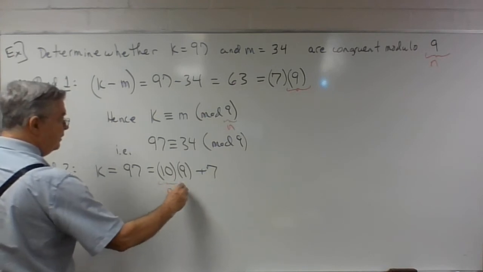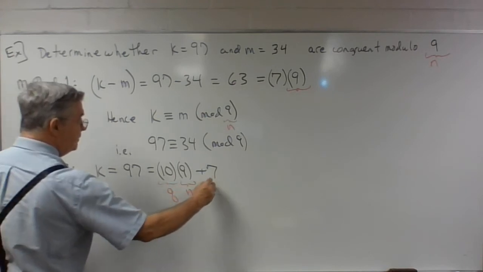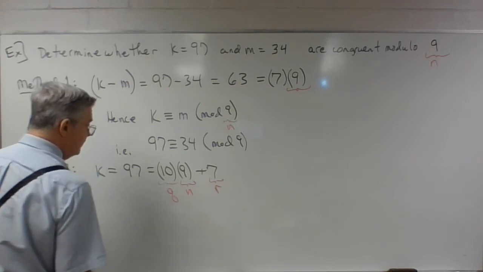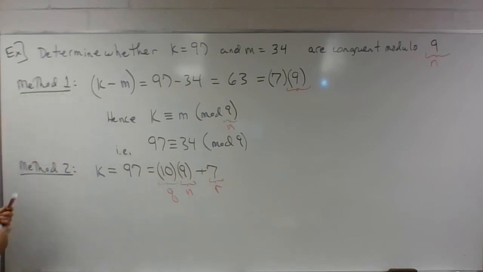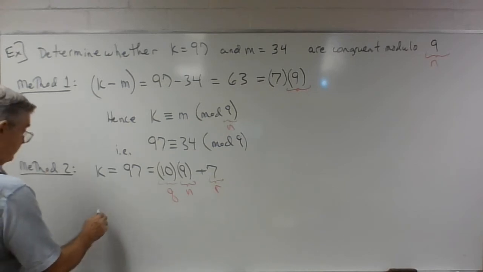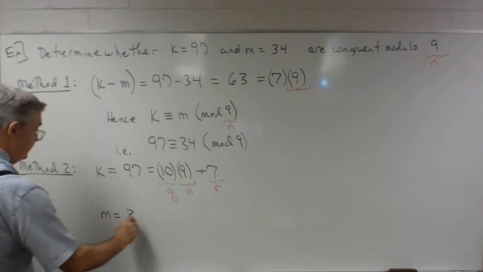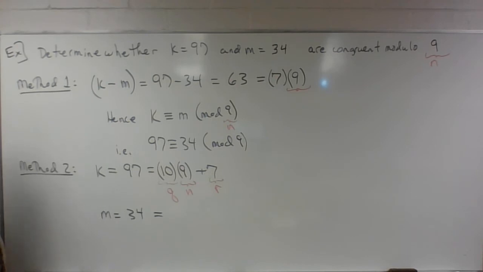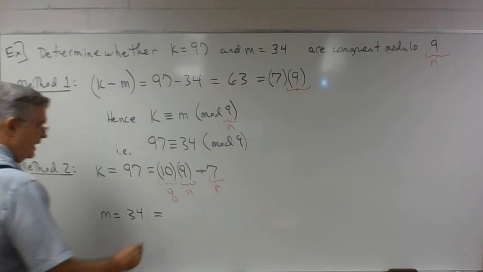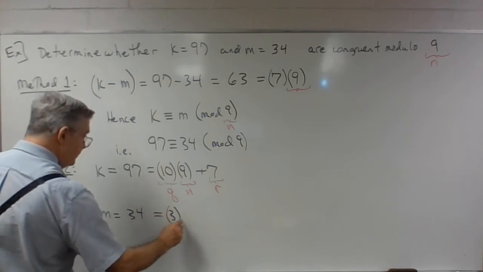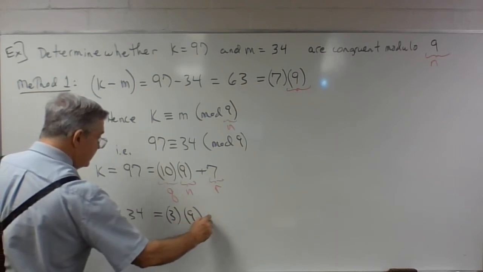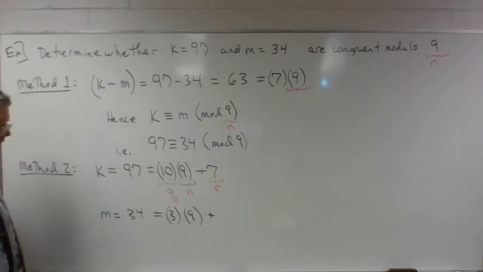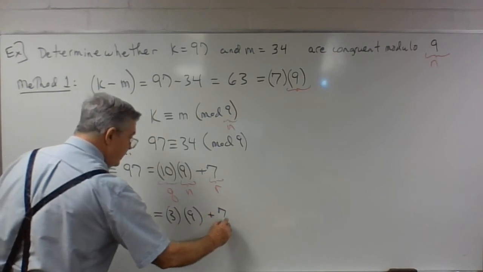So there's our q, here's n, and here's our remainder. And what about m? m is 34. And if we divide that by 9, we get 3 times 9, which is 27, remainder 7.